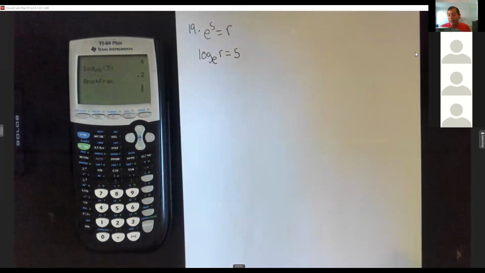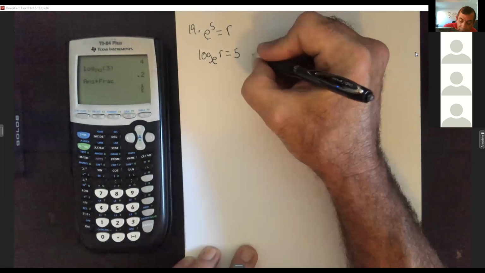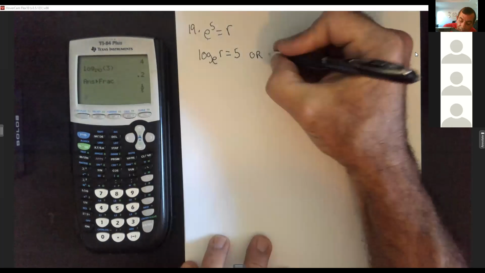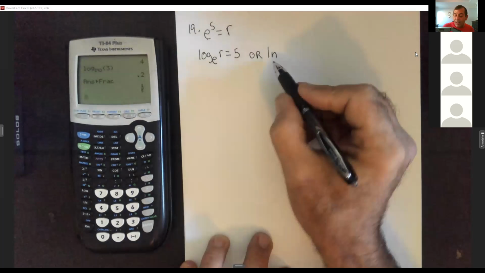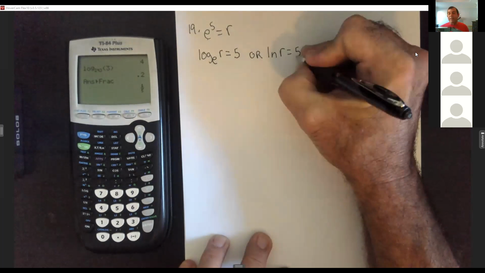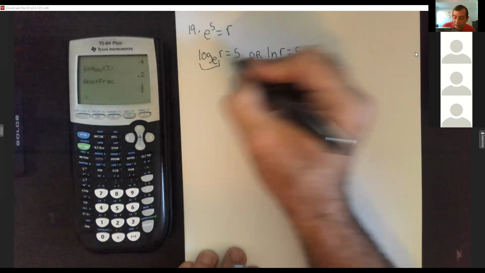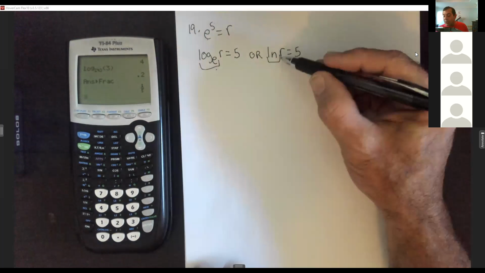Now, it will take this answer, or I can replace the log E with a ln, so that this could be the ln of R equals 5. Okay, so it takes it either way on these. ln can be written with the log base E, or you can just use the ln, okay?